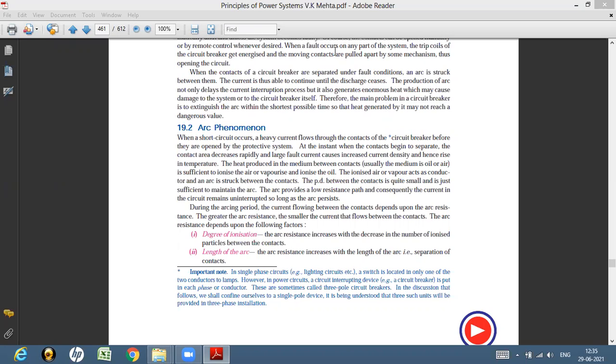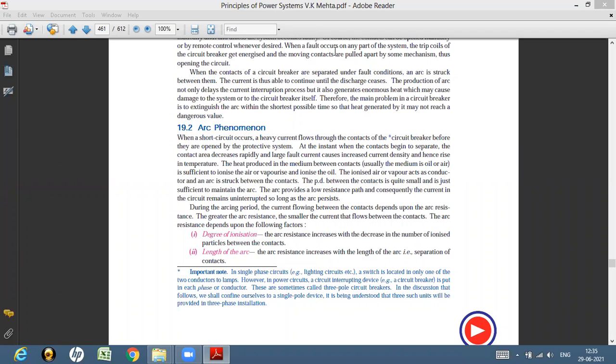Now you can see it written here: arc phenomena. Before this, we had discussed each and everything. Now, what do we mean by arc phenomena? As I told you in my previous lecture, when a short circuit occurs, a very heavy current flows through the contacts of the circuit breaker before they can be opened by the protective system.